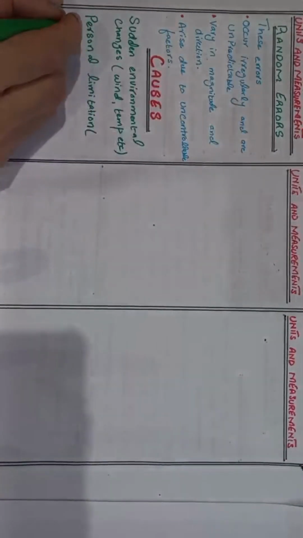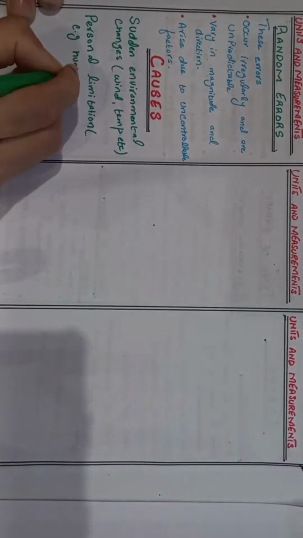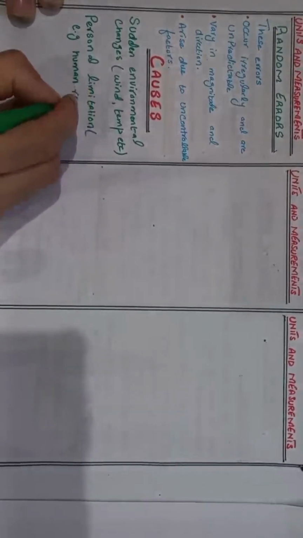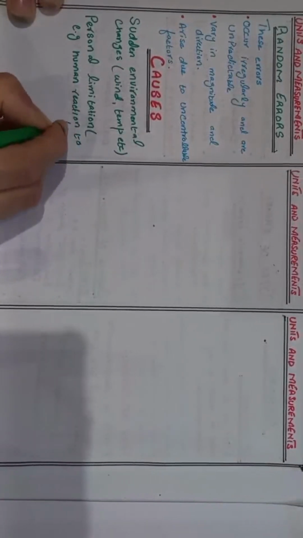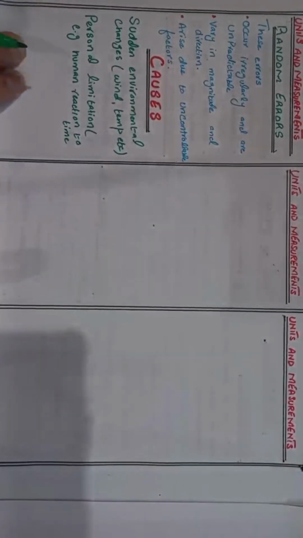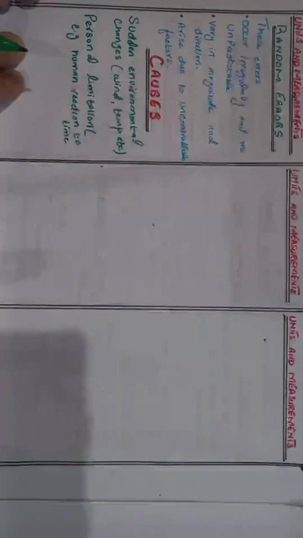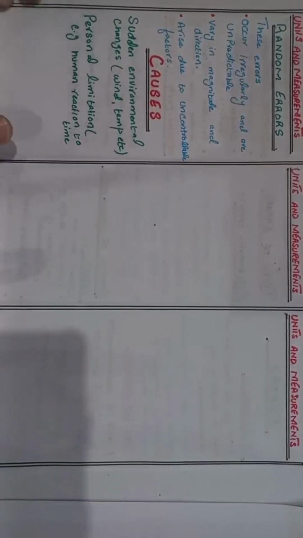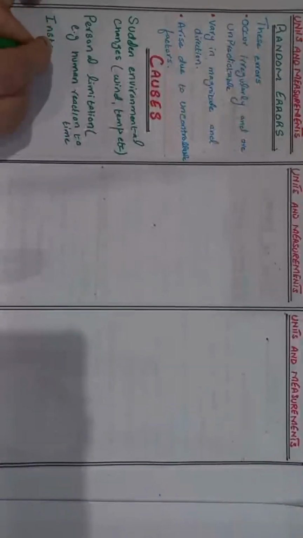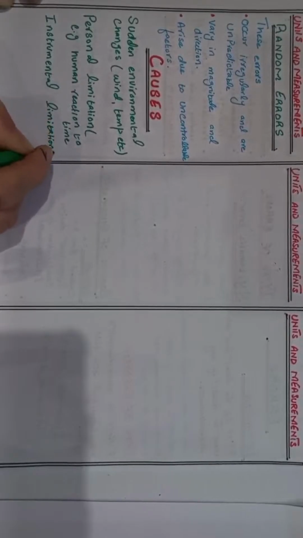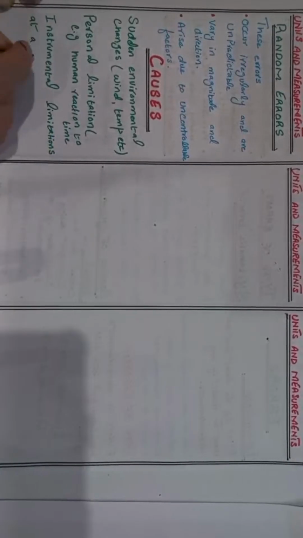For example, human reaction to time. And third is instrumental limitations at a very small scale.